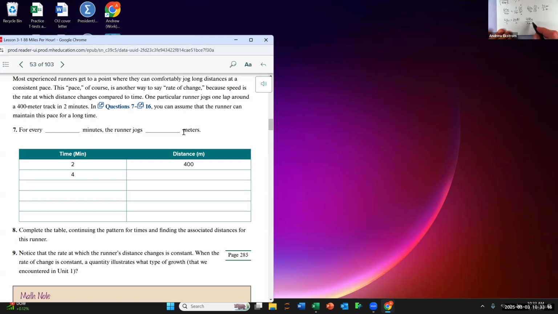Once we have that, what they actually want us to do here is try to reduce that. 400 on top, 2 on the bottom, even number and an even number, right? So I can pull a 2 out of here, I can pull a 2 out of here. What's 400 divided by 2?